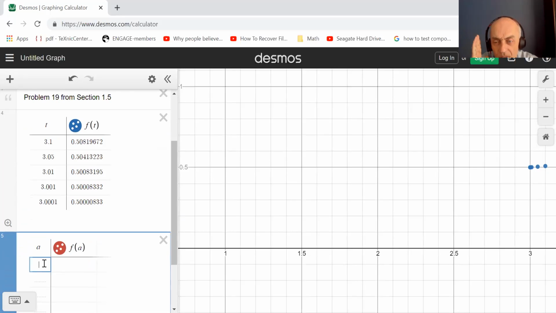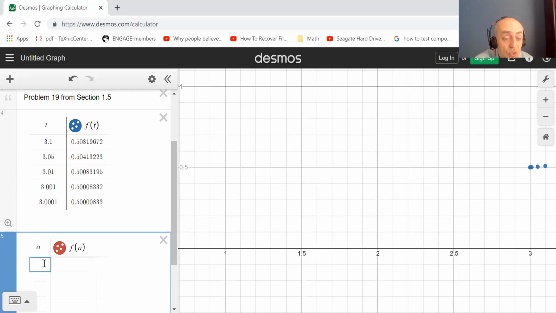One of the drawbacks of this particular program is that it doesn't like the letter X. If you use the letter X, you have to be very specific to define functions and things like that. And as you mix letters, it doesn't like that. So anytime you do something different, you have to choose a different letter. I'm going to call it A. It doesn't really matter as long as it's not X or Y or T, like you see in the previous example, or F.